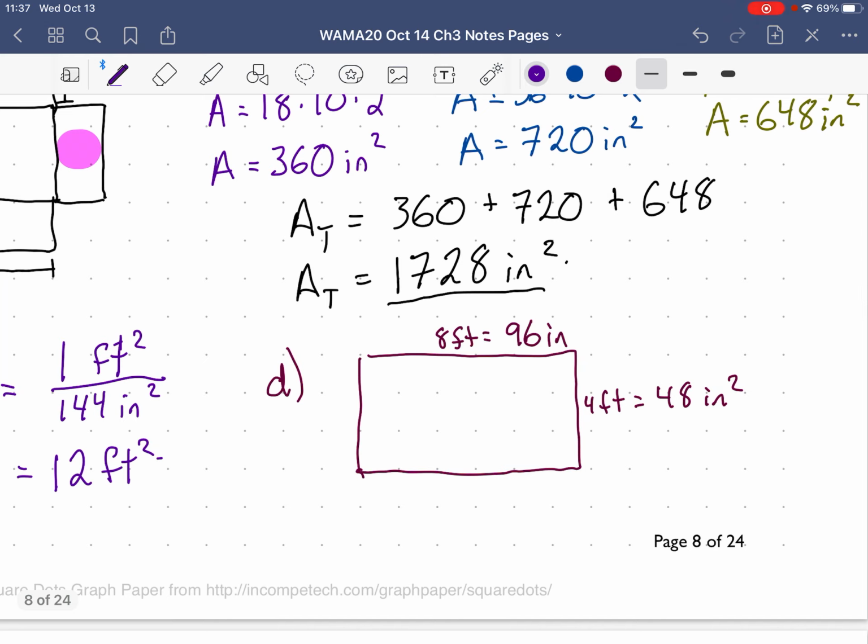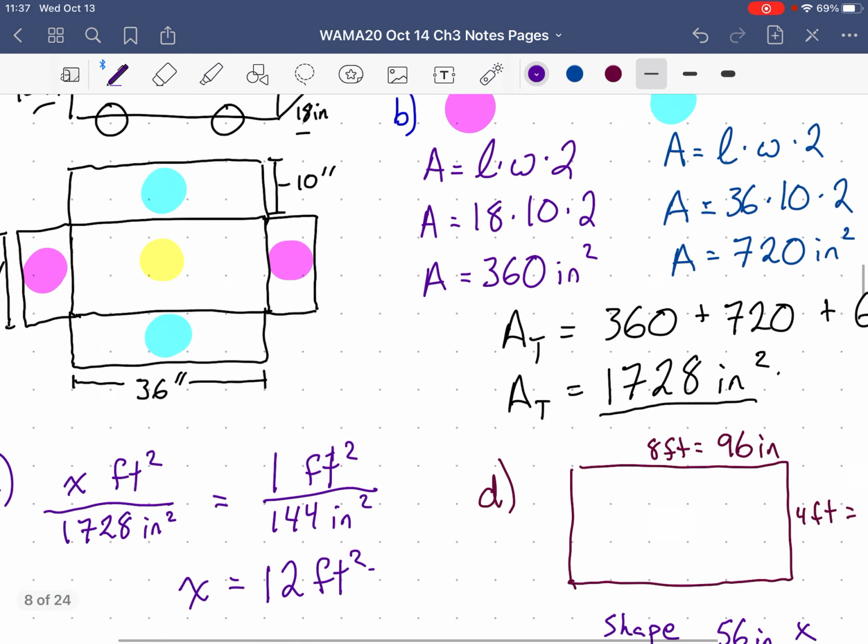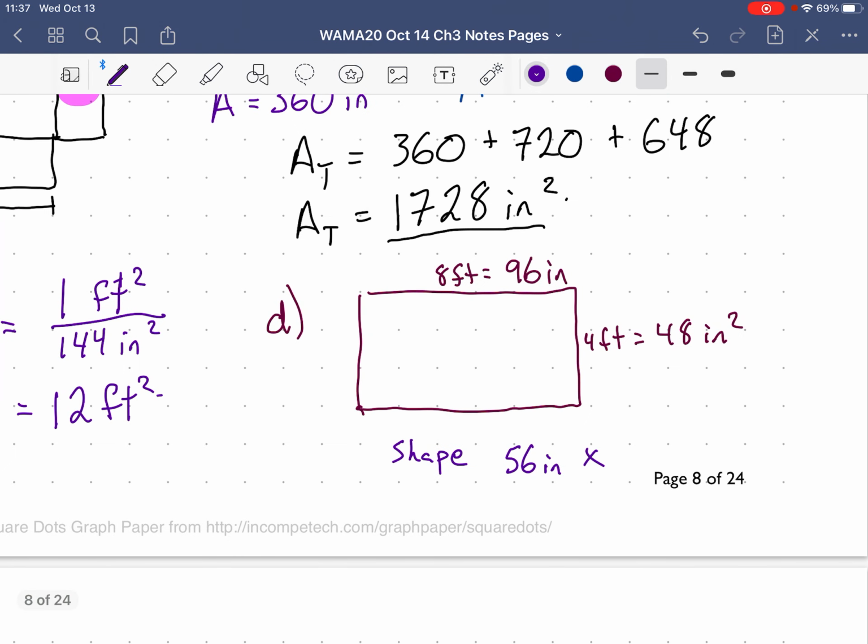So right now, our total shape is 56 inches by 10, 18, and 10, by 38 inches. So yes, it will easily fit.